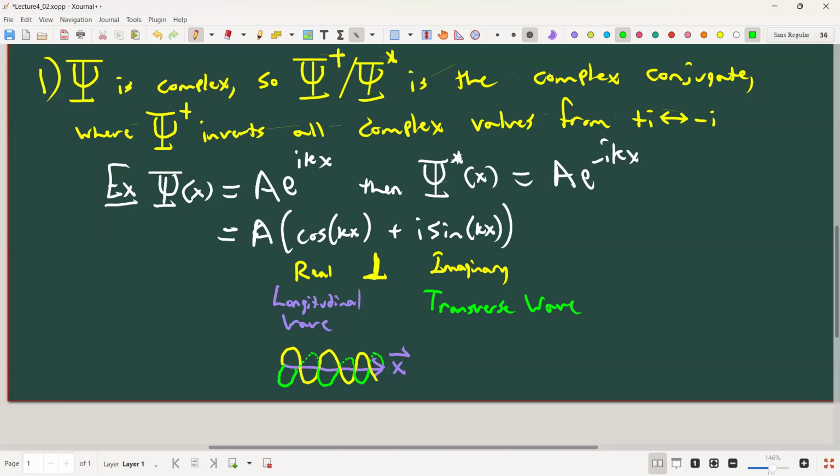So that's not like a water wave. A water wave is only longitudinal. Water waves don't compress the water in the perpendicular direction. They compress and expand the water along the direction of the motion, not this way.